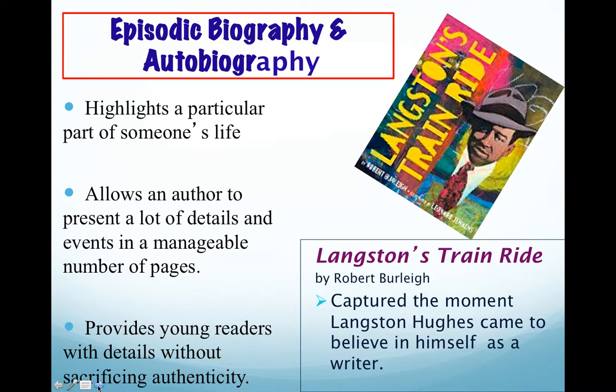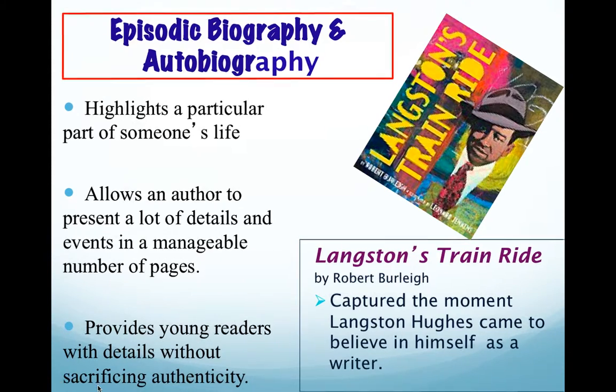And it's complete. All of the text is completely his poem. So it's a pivotal poem, and it shows a turning point in his life, which means it's authentic and true to the spirit of who Langston Hughes was.